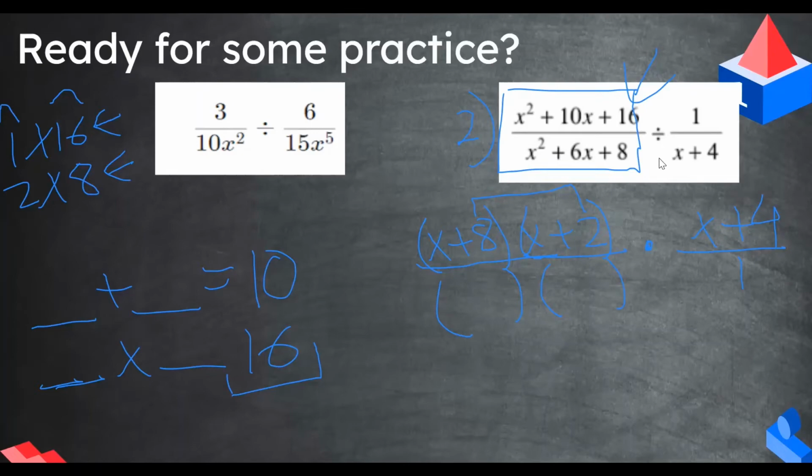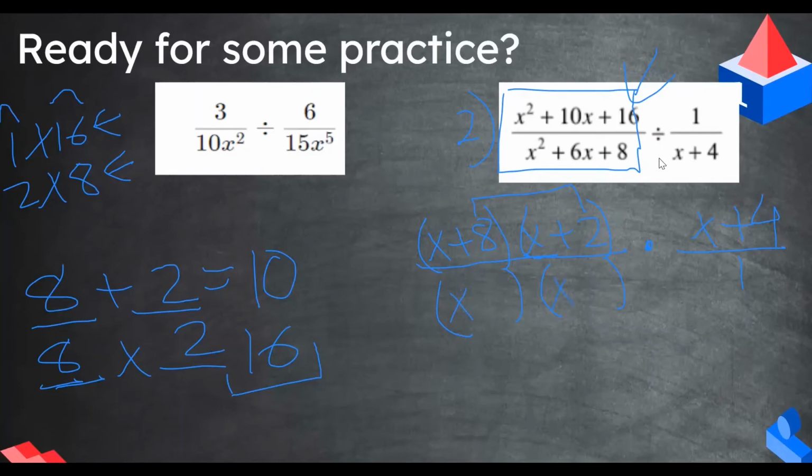If you keep both of them positive, 8 plus 2 gives me 10. And 8 times 2 already gives me 16, because I already found that as my factor of 16. So that's how you figure out the two numbers that add to your middle coefficient and multiply to your constant. Now let's do the same thing for the bottom.